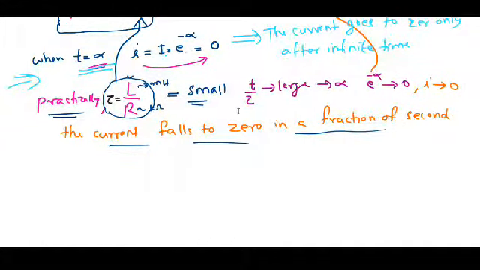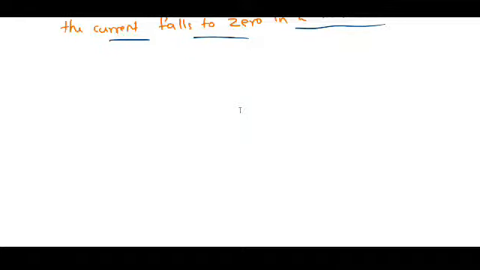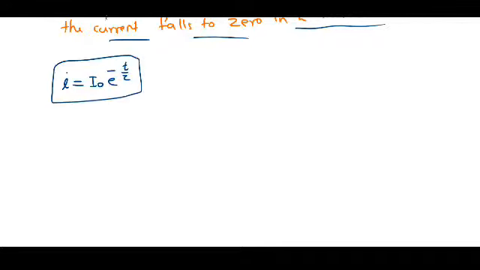Now, let us draw the picture of the decay of the current. It is nothing but the graph of this equation, I is equal to I0 e power minus t by tau. We need the x and y data. On the x-axis we have the time. When time is equal to tau, I is equal to I0 e power minus 1, since tau by tau is 1.